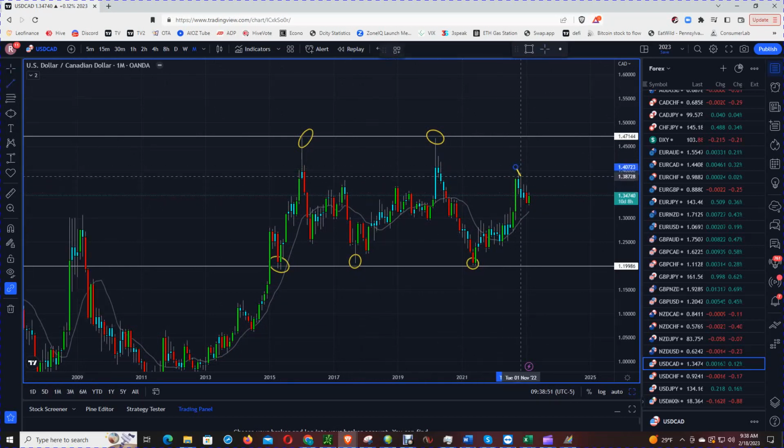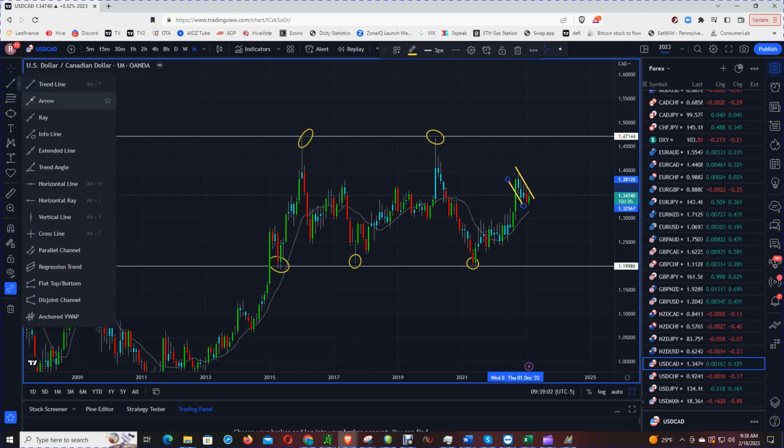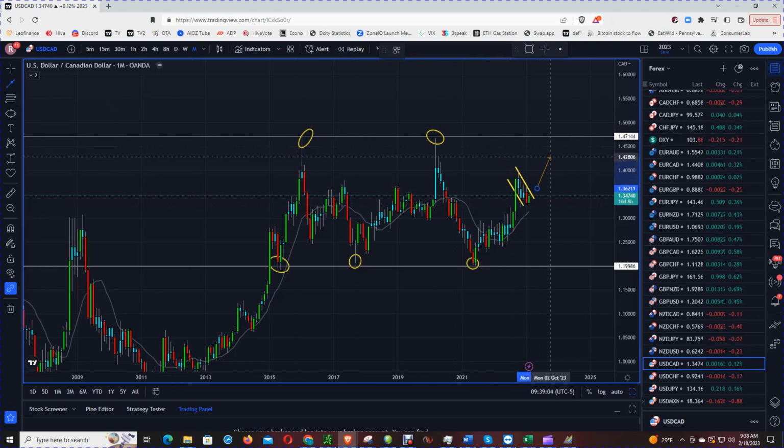Alright, potentially there will be a breakout at some point in the future. Don't know. This 1.3 level might be interesting, so we just have to analyze that a bit more on the lower time frames.